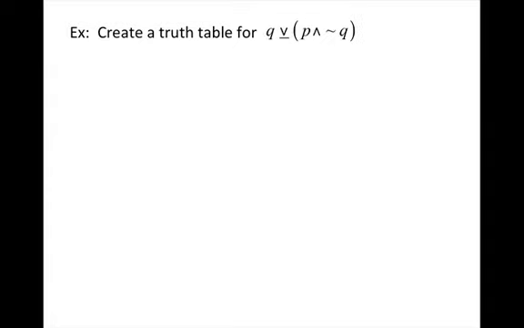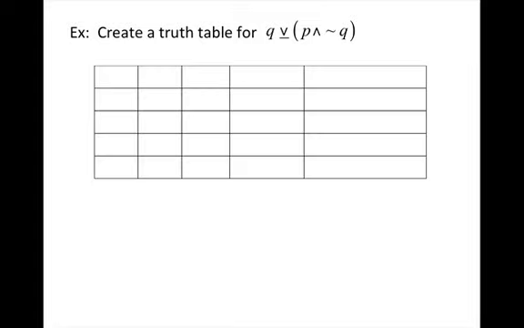In the final example, I have Q and then the exclusive OR, P and not Q. Since I have two values, I need the 4-line truth table.